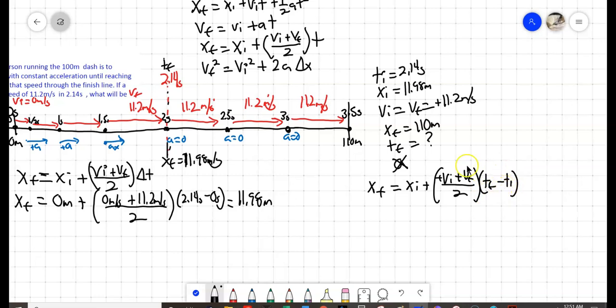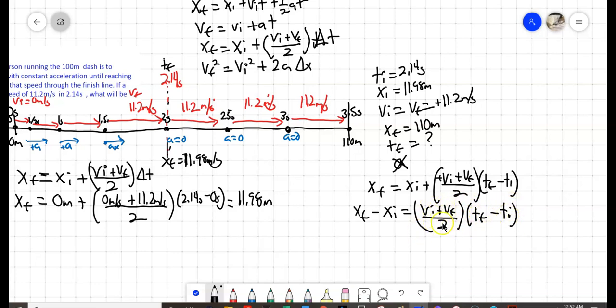So this is delta t right here, and I should put this as delta t. Alright, and we're going to be finding for that t final. Okay, well, the first thing we have to do is solve for this portion: we're going to subtract this x initial onto the other side, and now we have (v initial plus v final) over 2, times t final minus t initial.